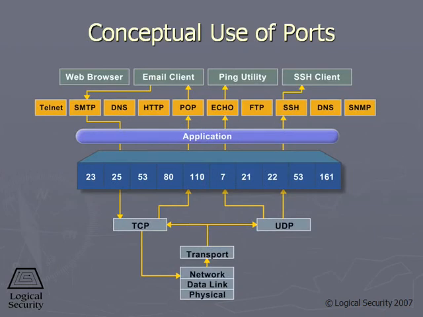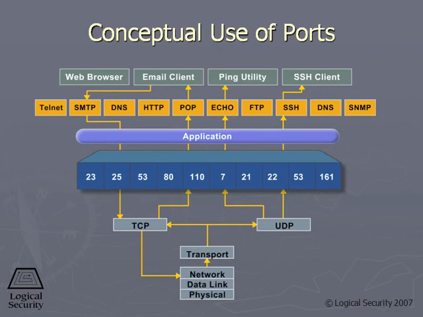In this diagram, we're seeing how a sender or a transmitter is going to specify the particular port number that he is going to use for his desired action. That port number maps directly to a specific protocol or a service that the client is looking for. As we see in the diagram, we have the web browser.